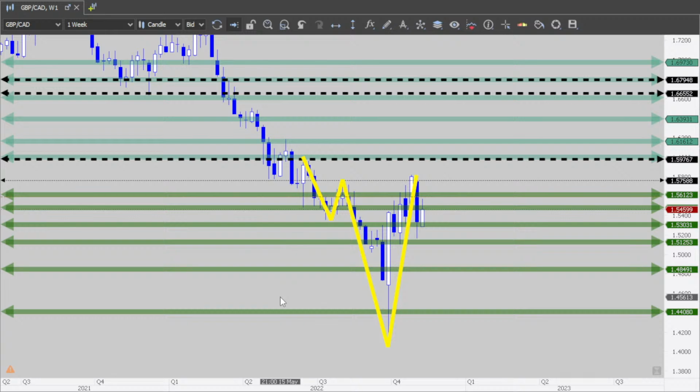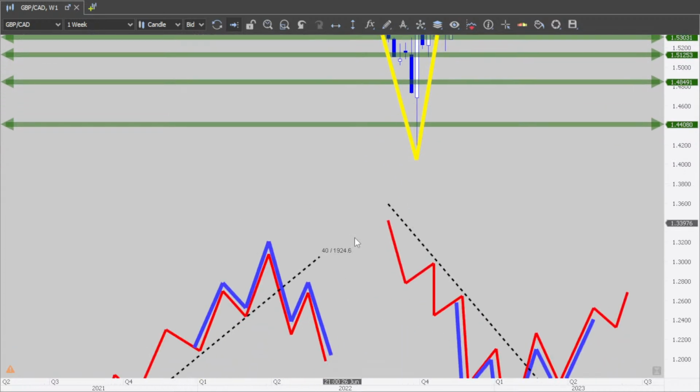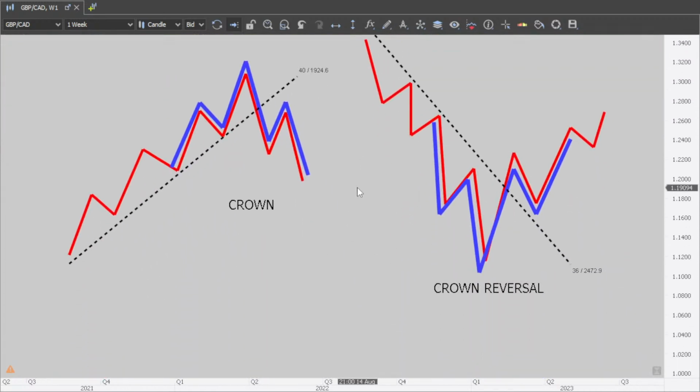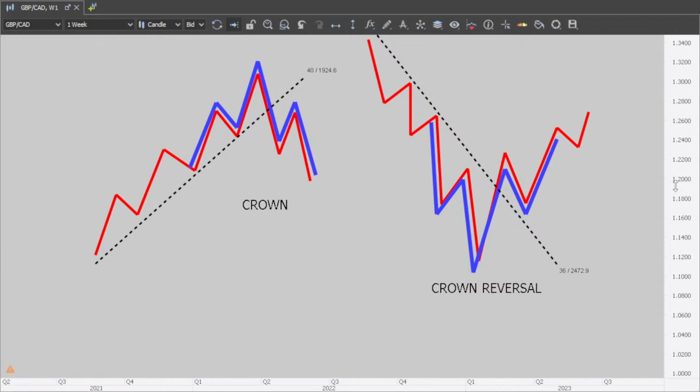Do we have a crown reversal on the GBP CAD weekly chart? There is no right or wrong, we are here to learn. What do you think, everybody? And moving forward, right? Crown reversal.